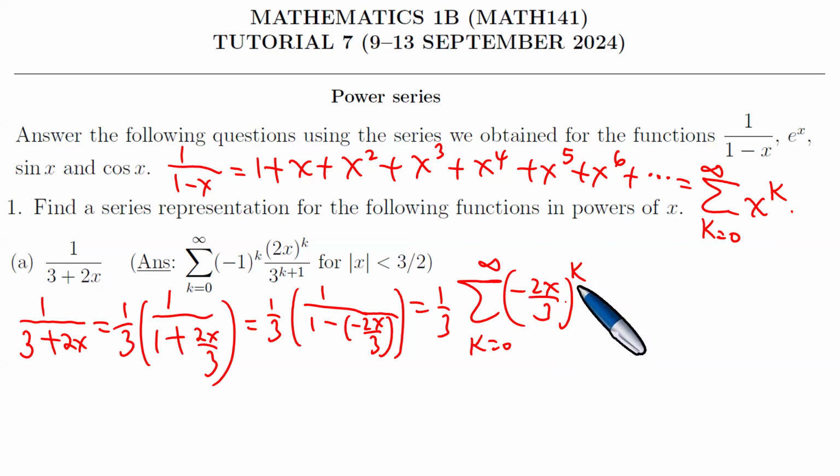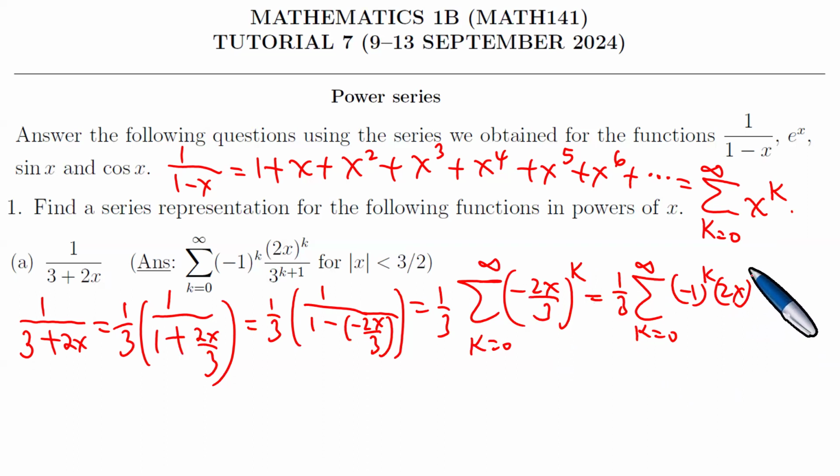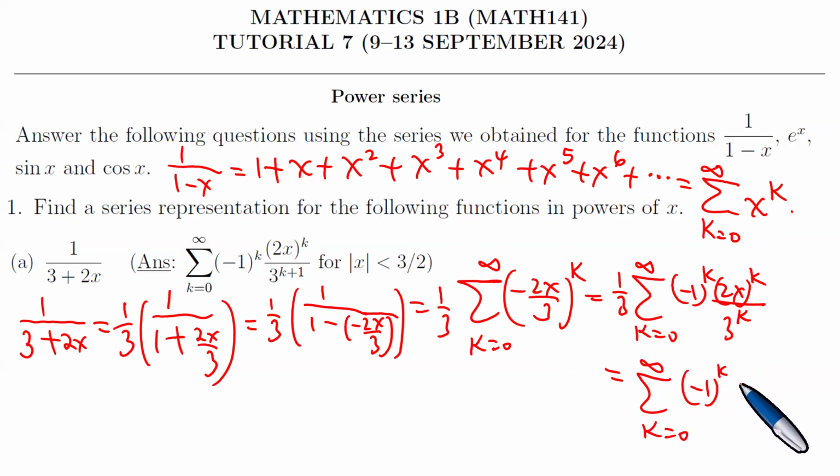And then you raise it to the power k, which is 1 out of 3, sum from k equals 0 to infinity of negative 2x to the power k over 3 to the power k.